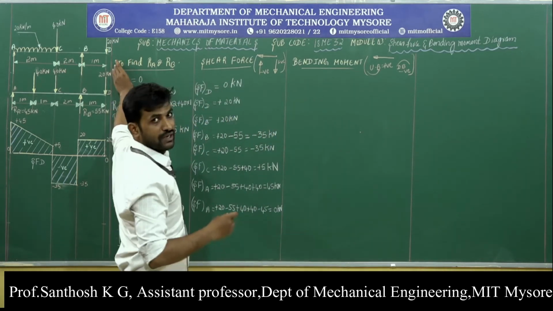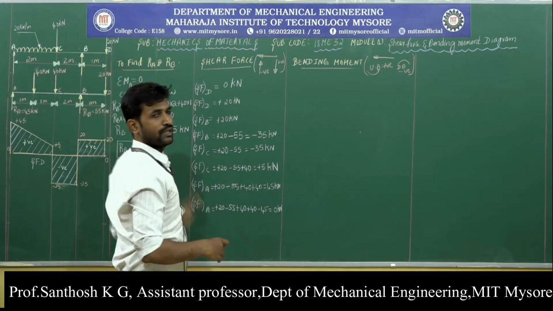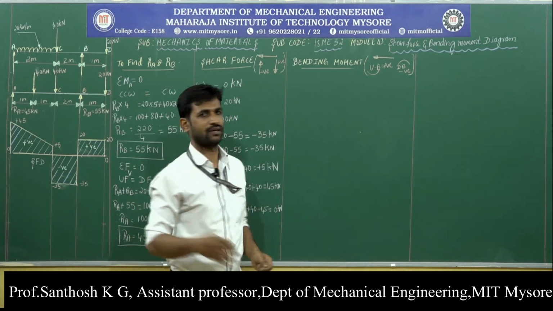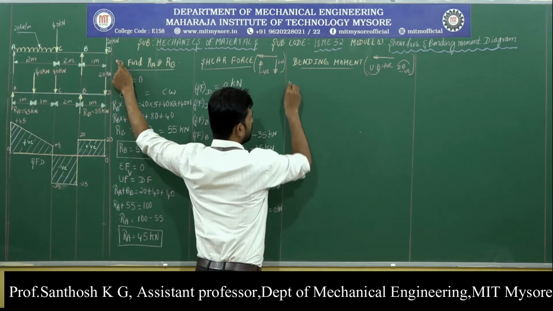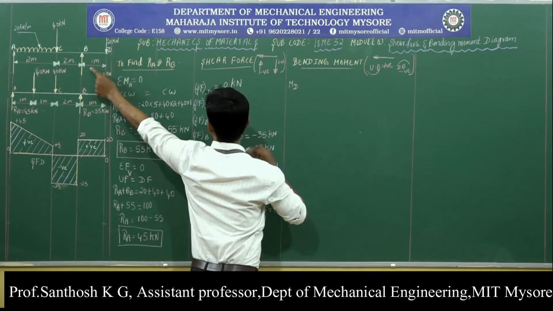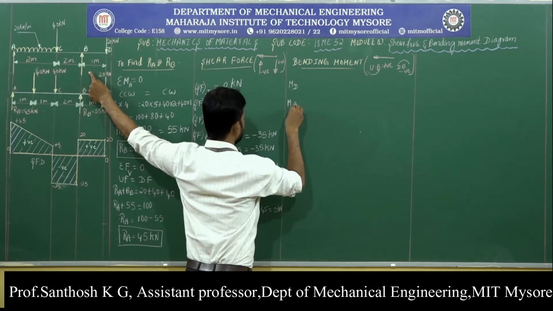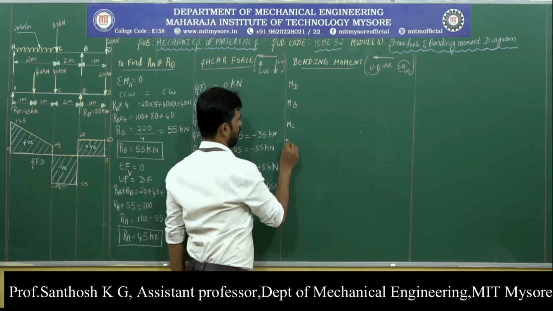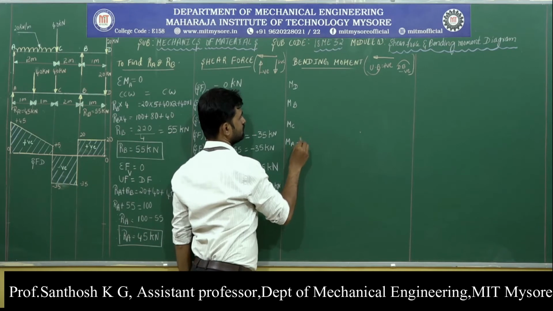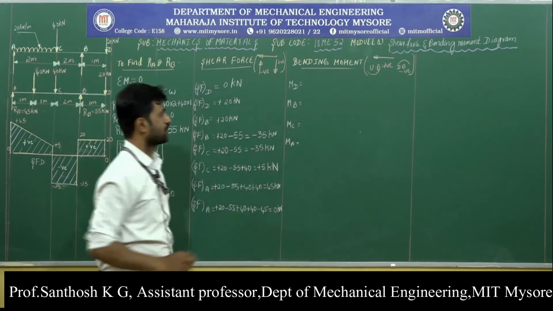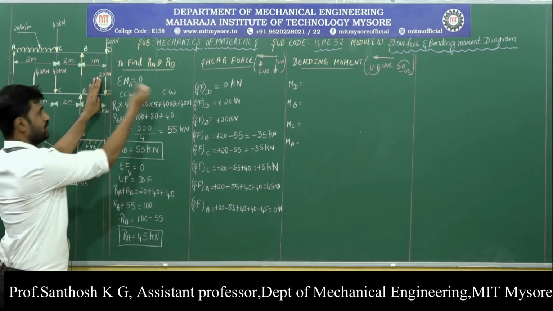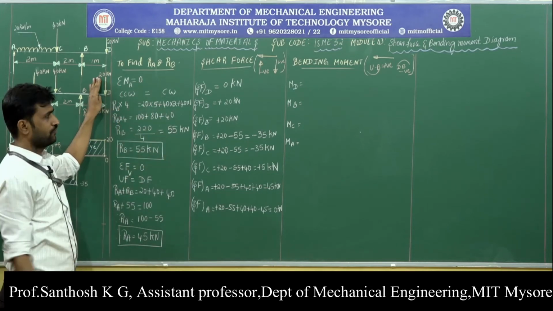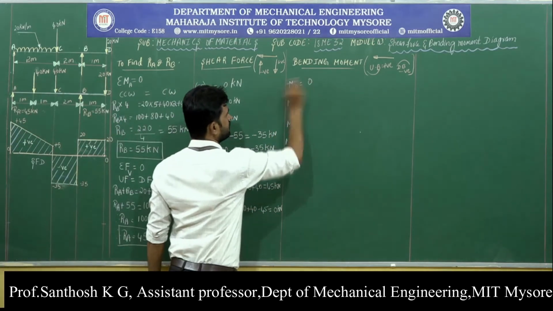While moving from the right side to the left side, the salient points we get in sequence are: the first point is D, then point B, then point C, then point A. To find the bending moment at D, we move from the right side up to point D. Since there are no forces, we do not have any moment at point D.